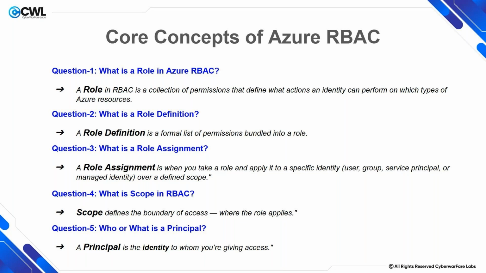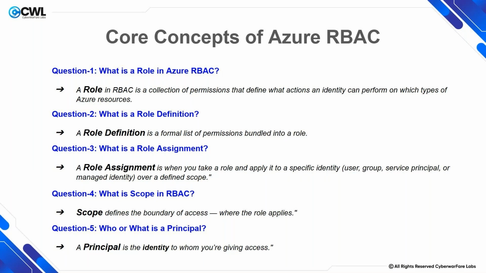Again, over a defined scope, meaning we have to specify the scope. We will discuss scope in detail after this question is answered. So this particular question answers who gets which role on which resource. It can be answered in three parts.